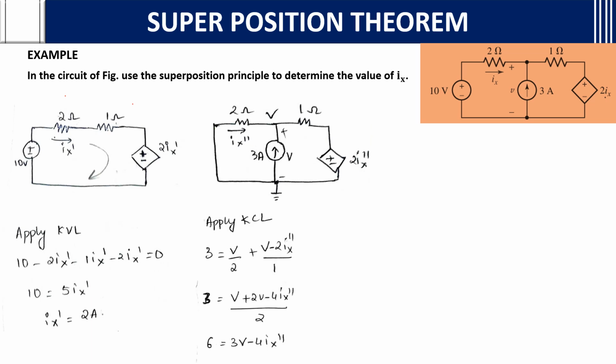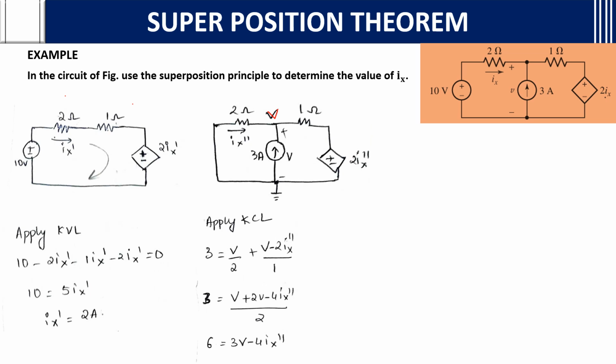Then what do we need to do? Apply KCL. Here we are taking KCL, nodal analysis, so it will be easy. As you see, they have not mentioned any voltage across the current source, so directly you can take that node as V and apply nodal analysis.